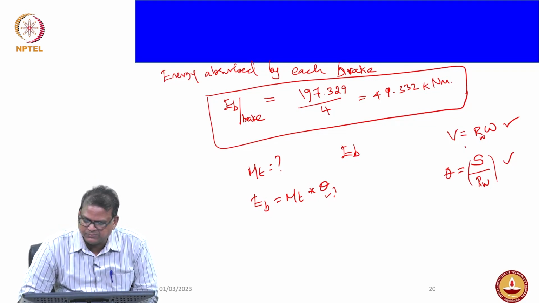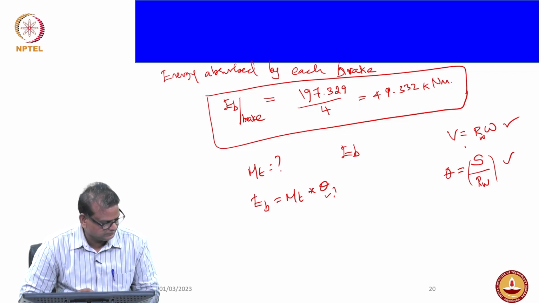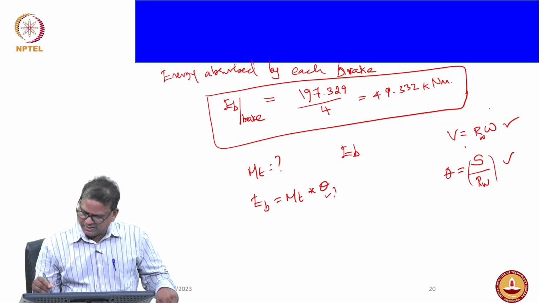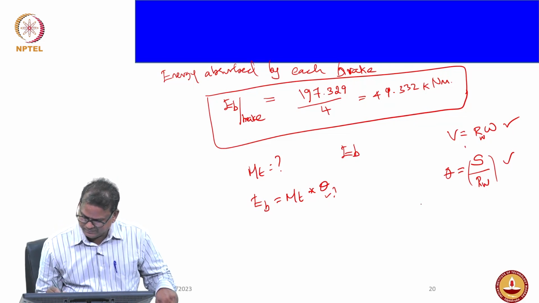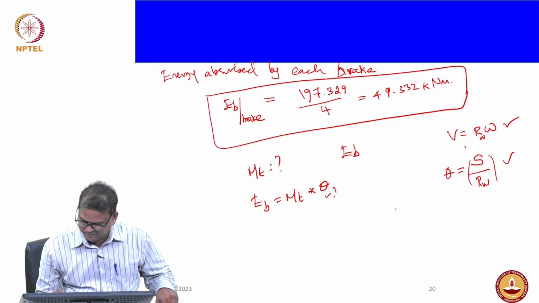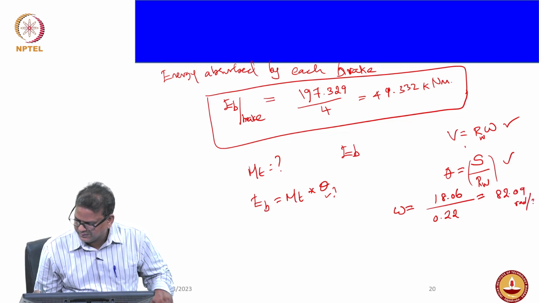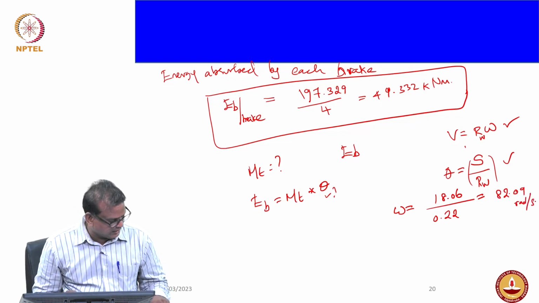Can you find out, please, what is the value you are getting? What is the omega value first? The omega value: V equals 18.06, right? R equals 0.22. That should give me 82.09 radian per second. So the radian per second, omega, I have.